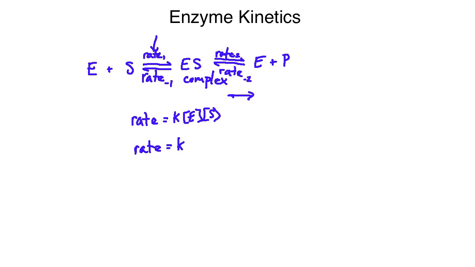This would be a separate k. It's a different rate. We're talking about rate 2 now. So it will have its own rate constant, and then the concentration would only be that of the enzyme-substrate complex, because it is this moving over to this, right?